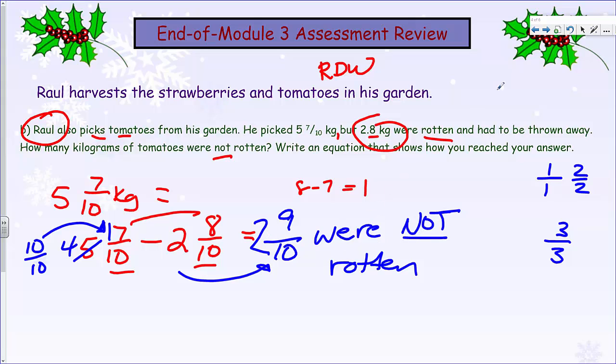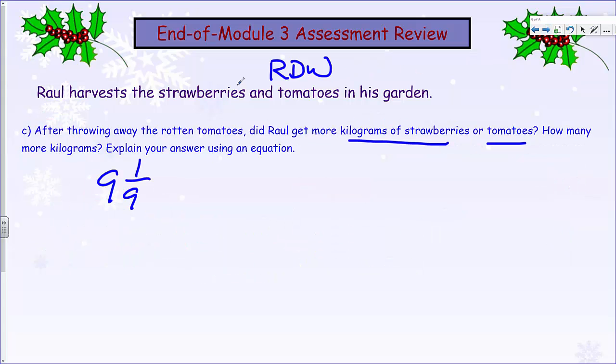We don't want the rotten ones because it said after throwing away the rotten ones. So it was only 2 and 9/10? Yes, 2 and 9/10. That lets me know right there that he definitely picked more strawberries, because 9 1/9 kilograms is much more than 2 and 9/10.